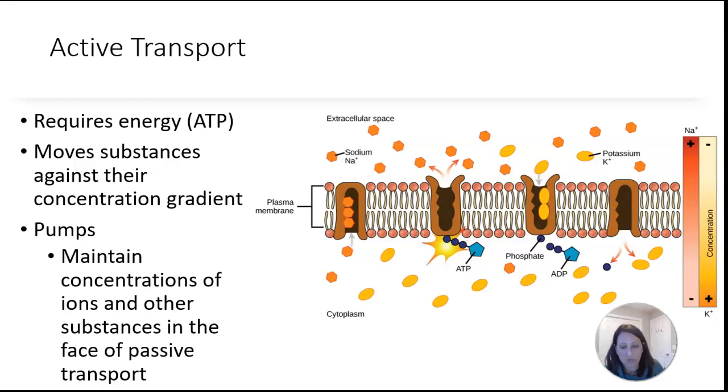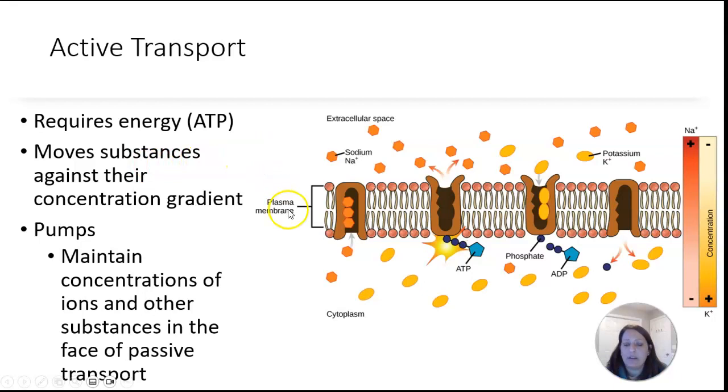The textbook example of an active transporter is called the sodium-potassium pump. This is the textbook example, it's going to be our example of an active transporter. It's also going to be involved in establishing something called the electrochemical gradient, which is actually on the next slide.